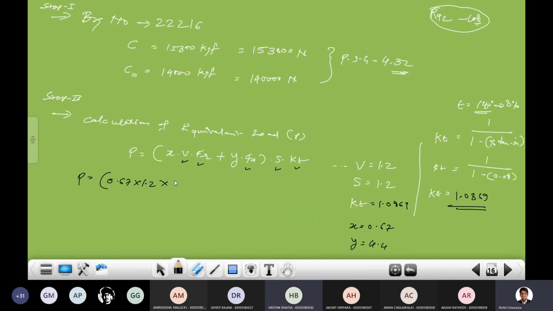FR is 80 and FA is 20. So 0.67 into 80 plus 4.4 into 20, into 10 to the power 3, multiplied by 1.2, multiplied by 1.0869. Now just calculate the value of P.